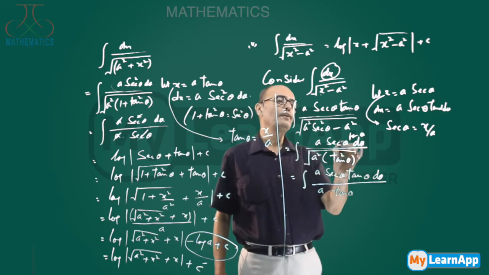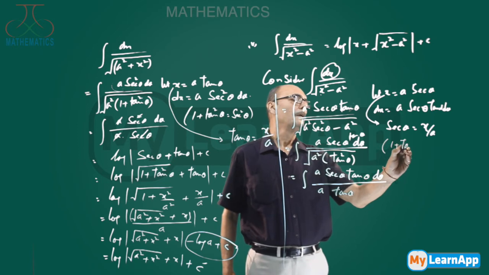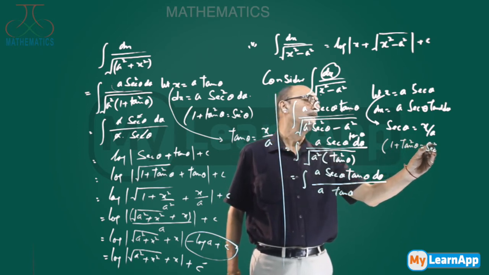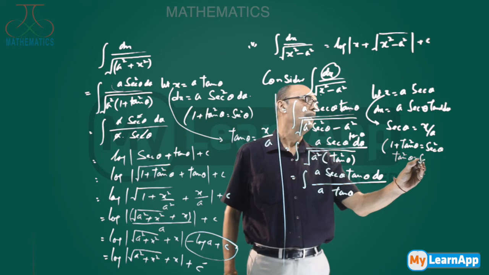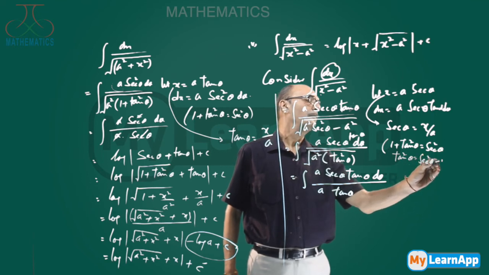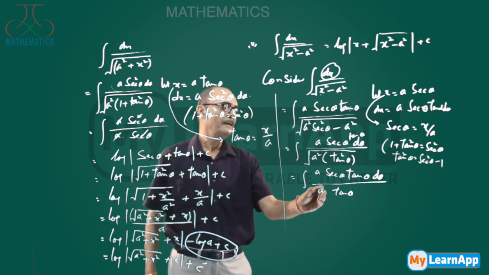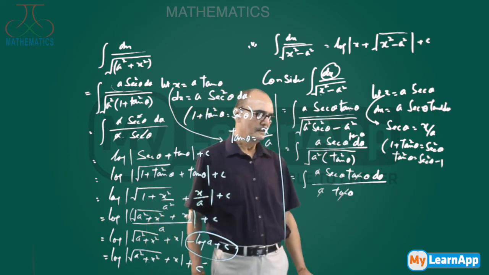Here we have made use of the formula that 1 plus tan square theta is secant square theta, and tan square theta equals secant square theta minus 1. So this a gets cancelled with this, tan theta gets cancelled with this.